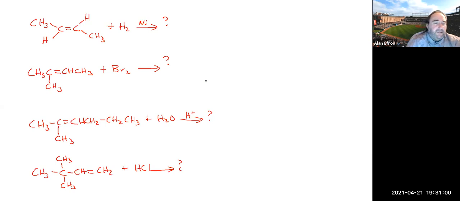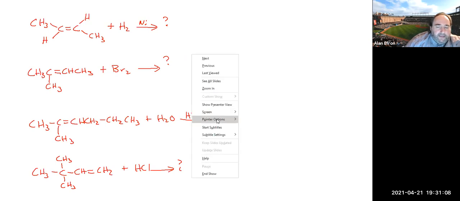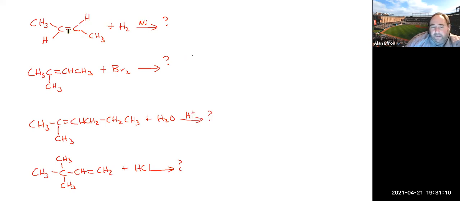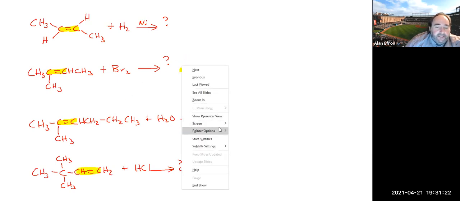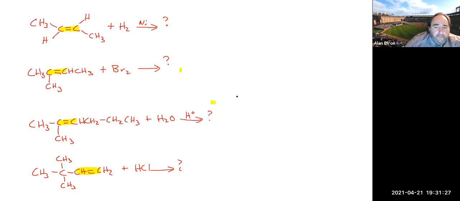In all these cases, because these are all addition reactions, it's only the carbon-carbon part that changes. Everything else stays exactly the same. And it changes the same way every time: we make that double bond into a single bond.